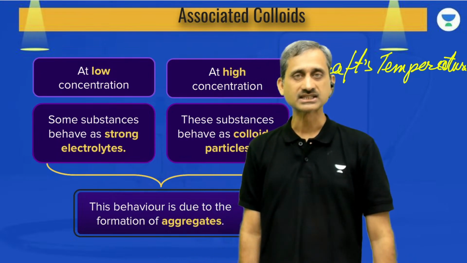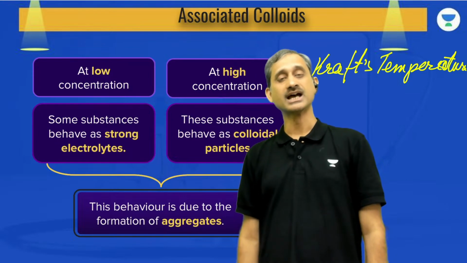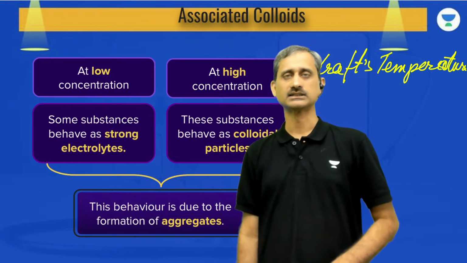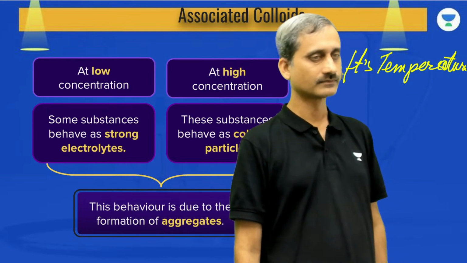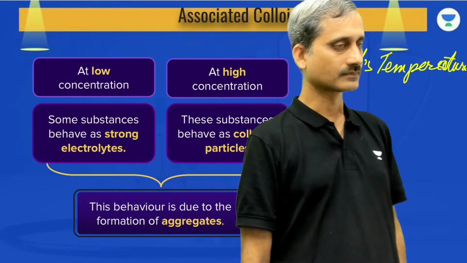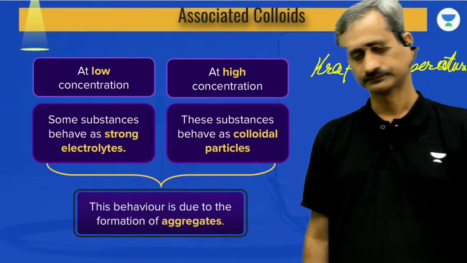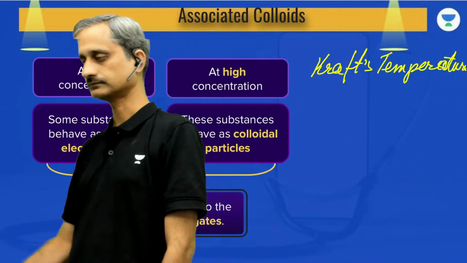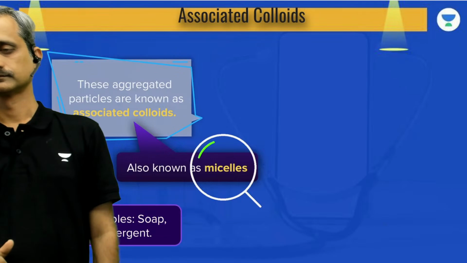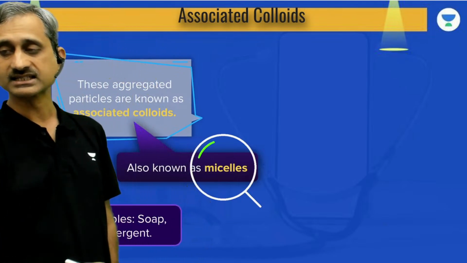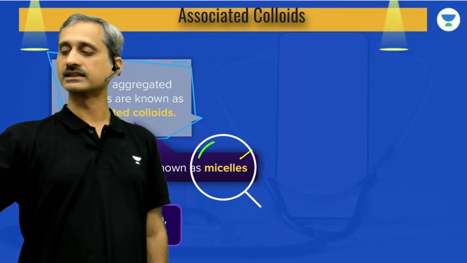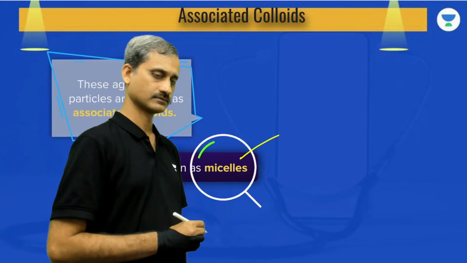And as I have just said, you would have understood that these colloidal particles are termed as micelles. Is this clear? So that's what we have as the associated colloids, and they are called micelles.